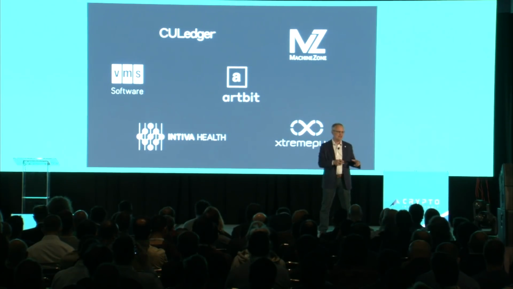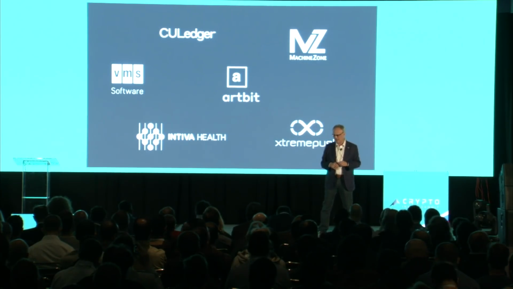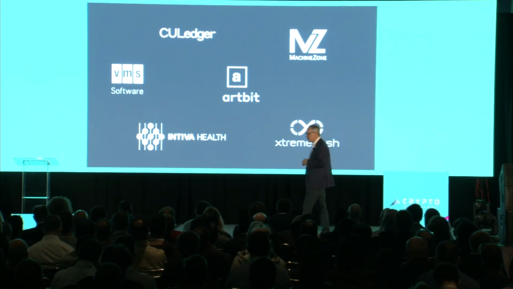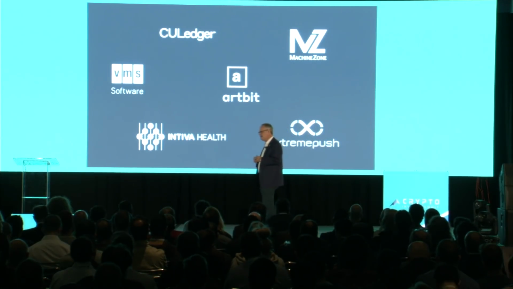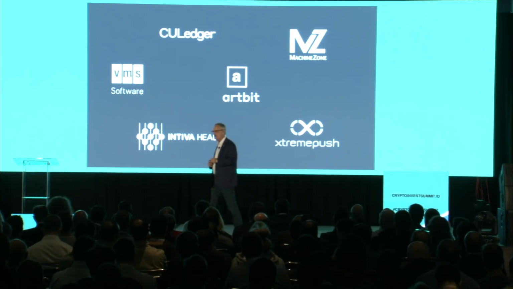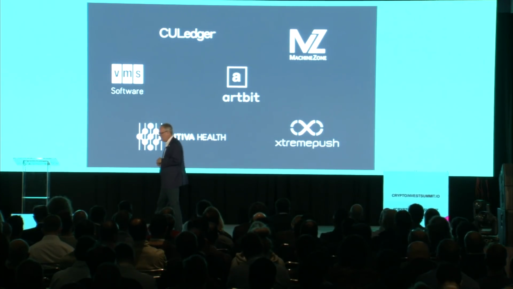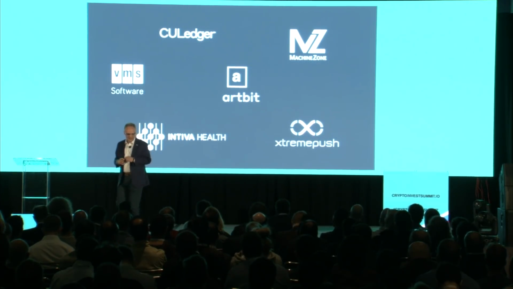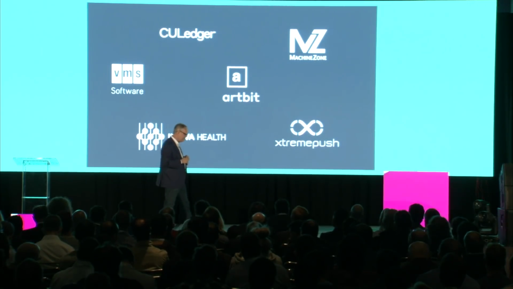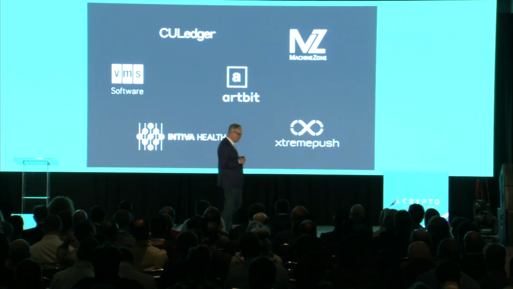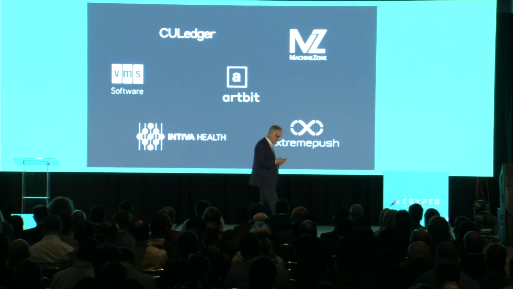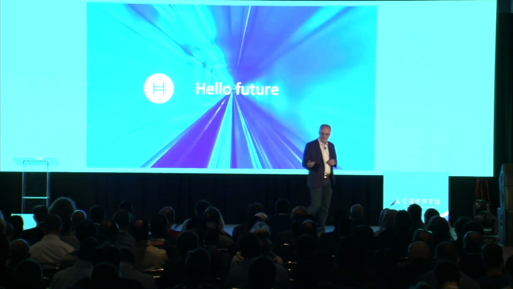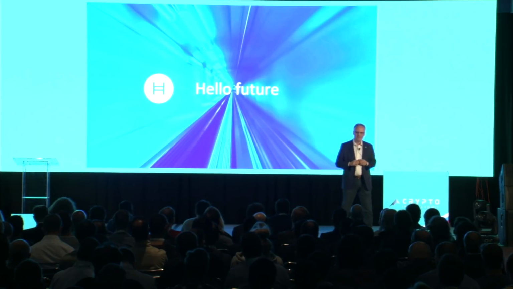They've built this into their operating system. ArtBit, Matt Sorum from Guns N' Roses, announced a decentralized marketplace for artists to sell their products. They'll be using Hedera. Extreme Push for ad tech, Intiva Health for healthcare, and credentialing of medical professionals. So Hashgraph is now here.